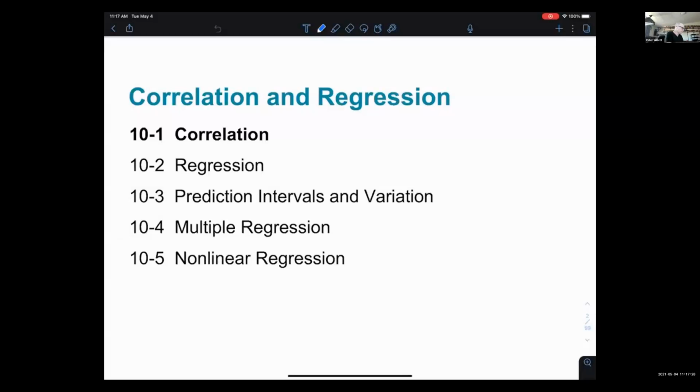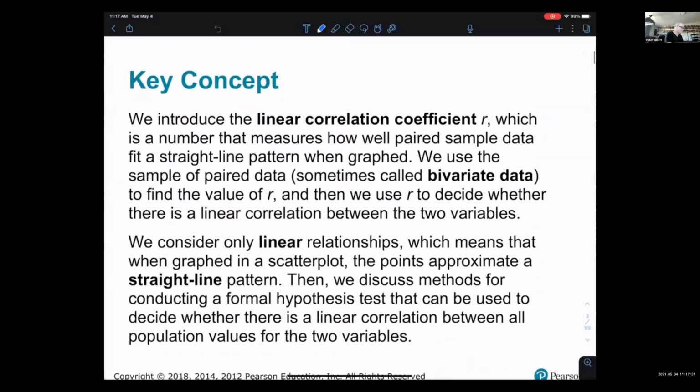So what's the key concept of correlation? We introduce the linear correlation coefficient R. Again, we did introduce it previously, but we're introducing it here. It's a number that measures how well paired sample data fit a straight line pattern when graphed. When you have pairs of data values, you can form points with X and Y being the paired values for each data pair.